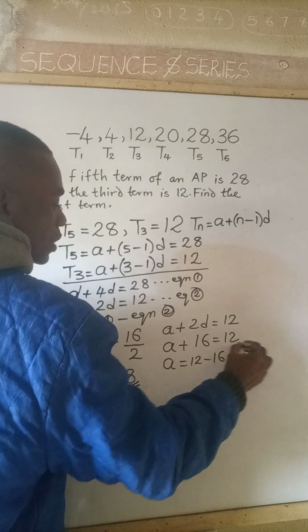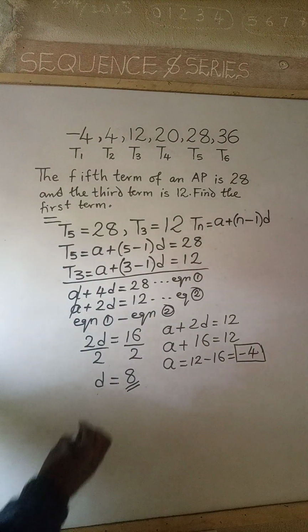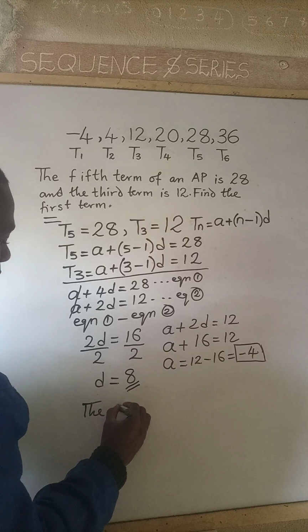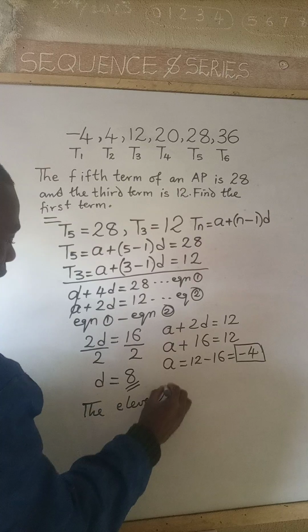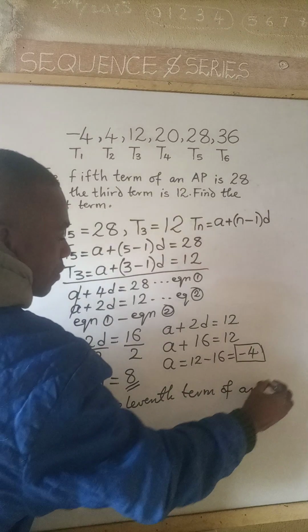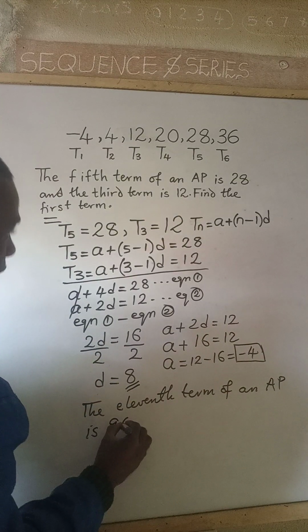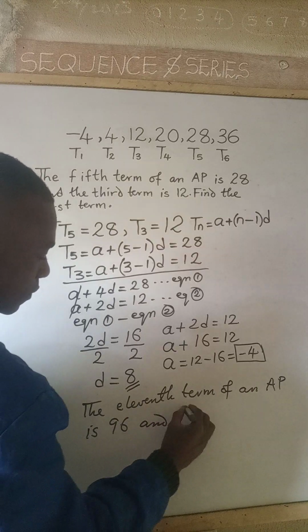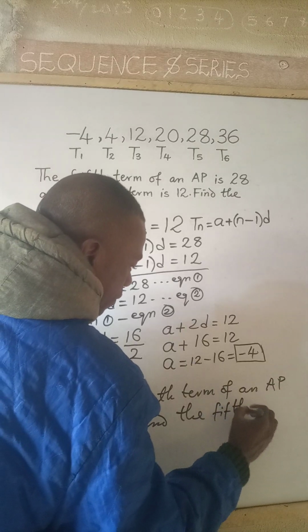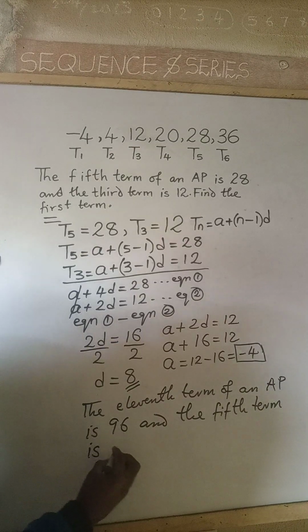So the first term that we are looking for is minus 4. So you can practice this as well. The 11th term of an AP is 96, and the fifth term is 24.